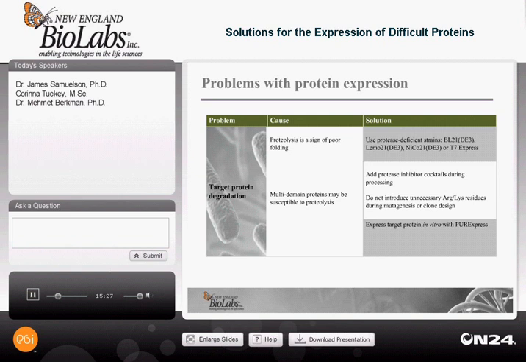And if all of those solutions fail, the target can be expressed in vitro with a PURExpress system, which is essentially protease-free, unlike first-generation S30 translation systems.